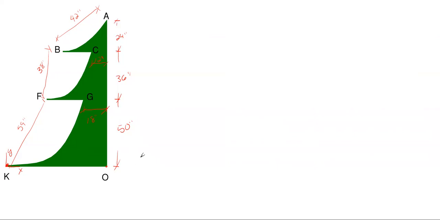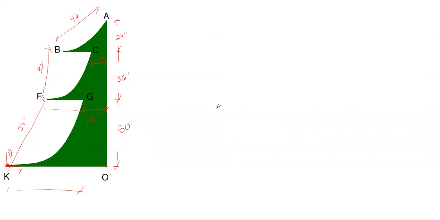Alrighty, so we are going to have to find some distances such as K over to point G, and then from F to where this point G is, and then from B over to C, and so on. So let's start finding these horizontal distances so that we can get a better mapping of what's going on.